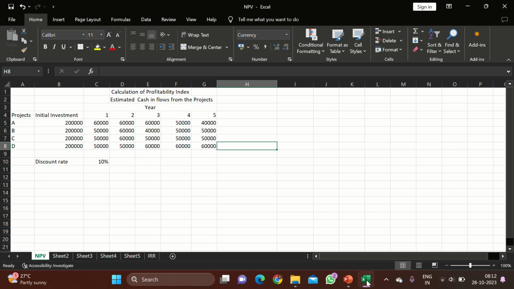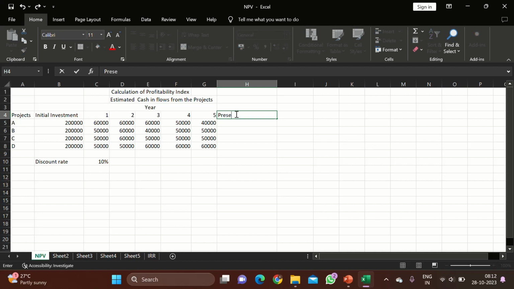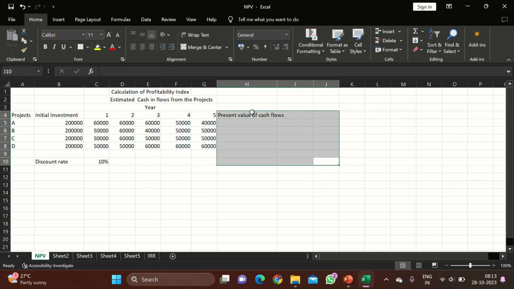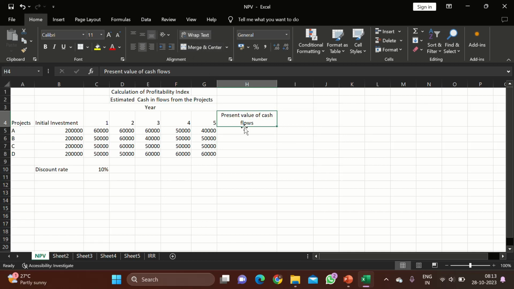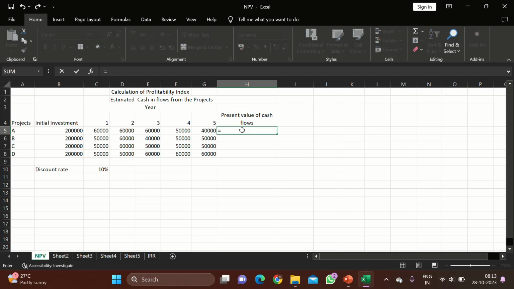So the first step is we should identify or calculate the estimated cash flows present value. To calculate present value of cash flows, we can use NPV function.